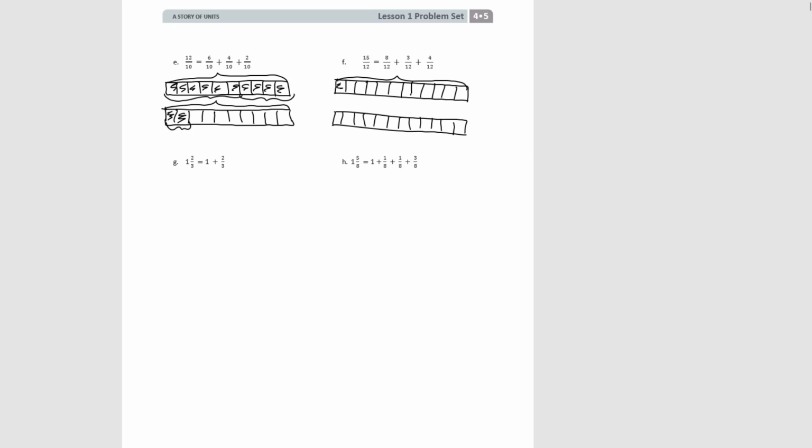And we're shading in 15. 12, 13, 14, 15, and we're grouping first together 8, then 3, and then 1. We start here, and we have to finish it over here to show this number sentence.